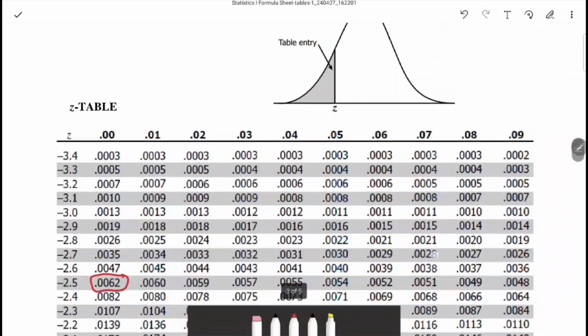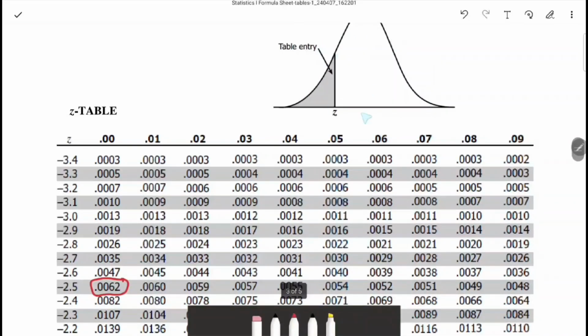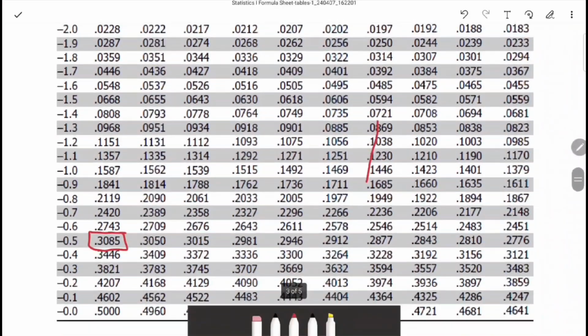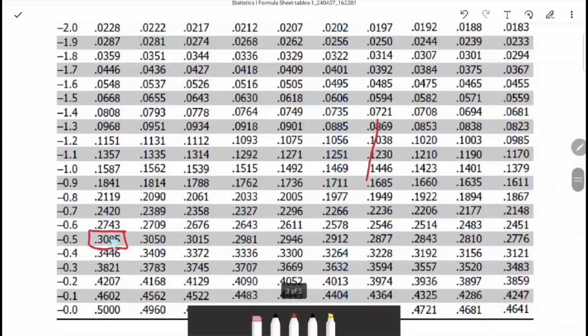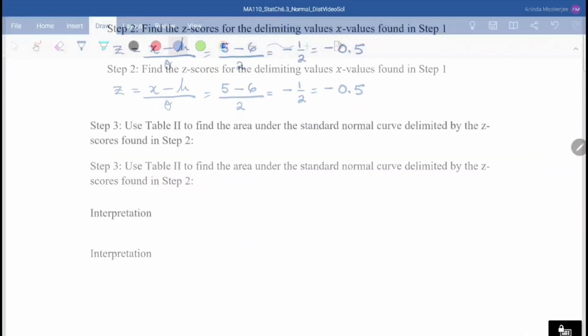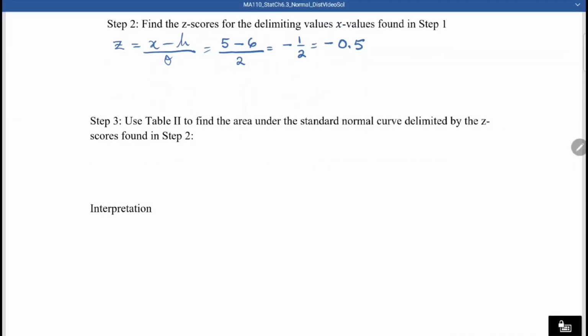Just remind yourself by looking at this diagram, this table only gives area to the left, all right? So when you pick a value from here, this represents area to the left of a particular z value. In this case, it's 0.3085.